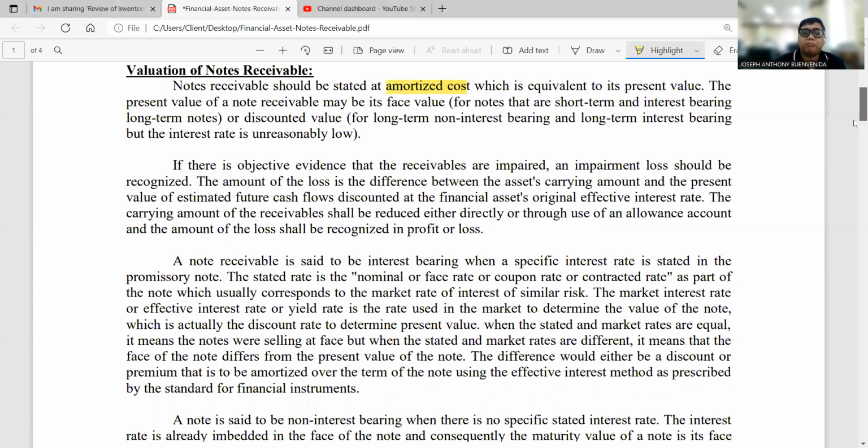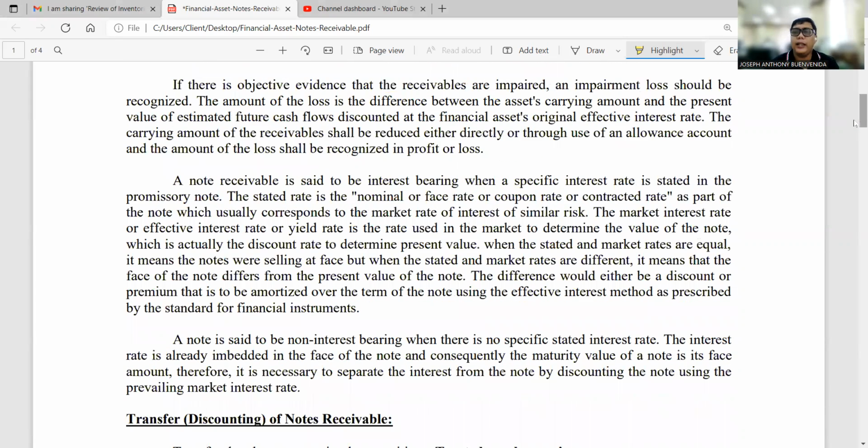So a notes receivable is said to be interest bearing. How do you know if a notes receivable is interest bearing or not? If the interest rate is stated in the note, then it is interest bearing. The interest rate on the face of the note is considered the nominal rate. What about non-interest bearing? If the interest is not stated on the face of the note.